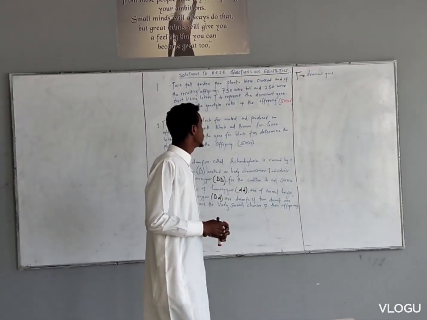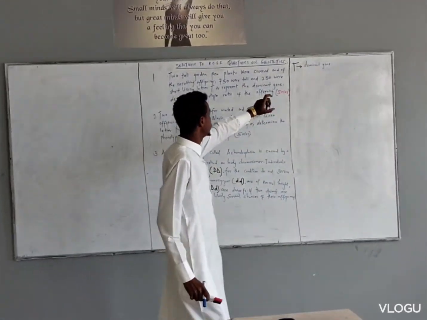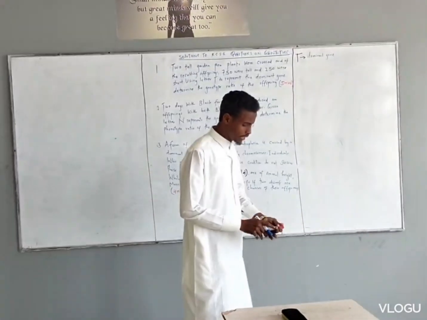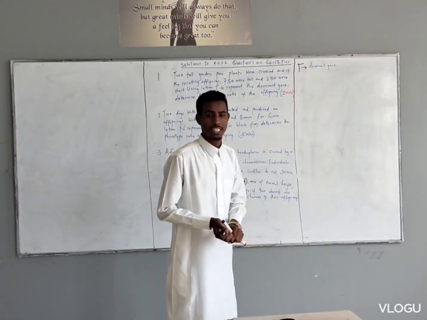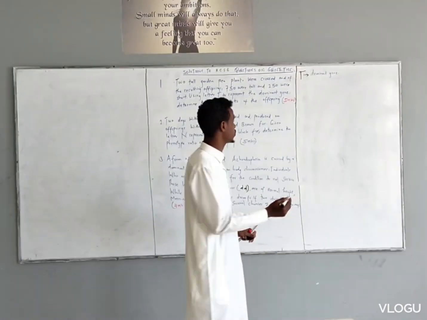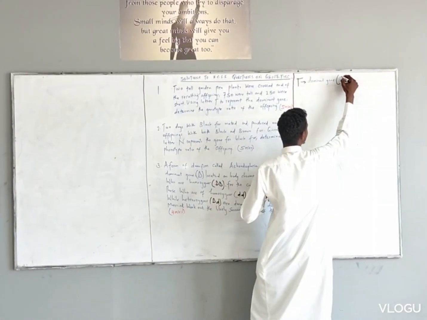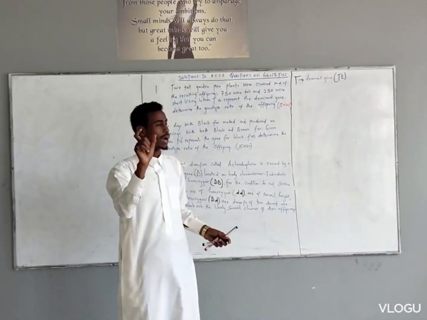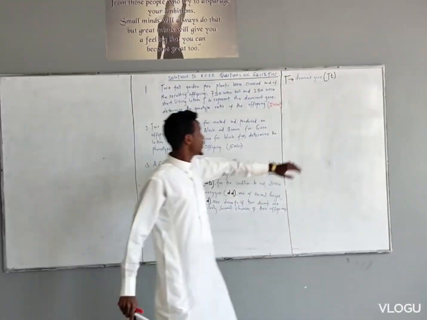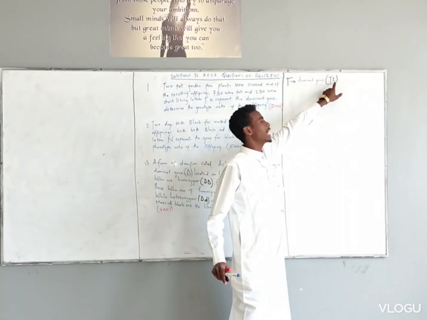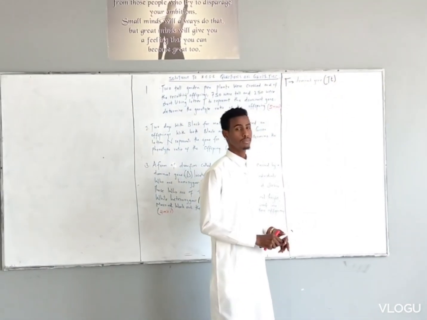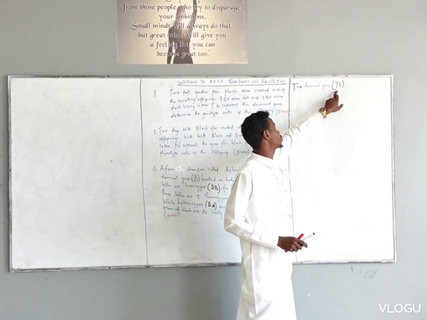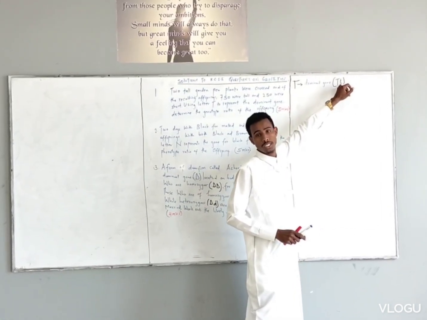For instance, in this genotype we have 2 alleles: the allele for tallness, capital T, and the allele for shortness, small t.